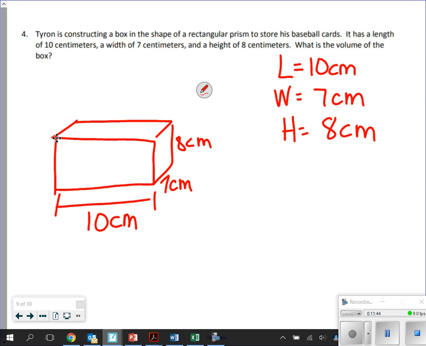Well, I wouldn't really, because a baseball card is more than a centimeter. Serena. Let me see. 10 times 7 times 8. What did you multiply first?